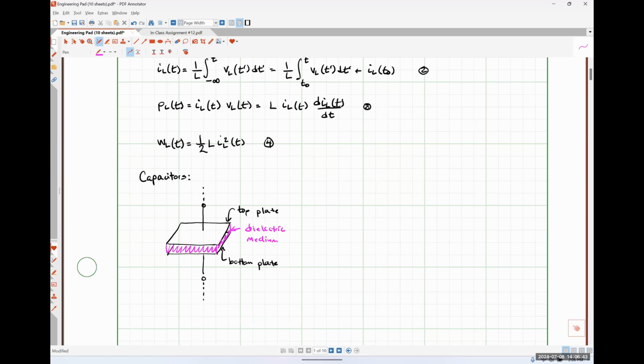So there are a few critical things about capacitance. So let me write that out really quickly.